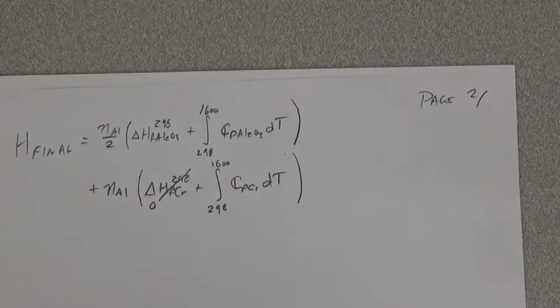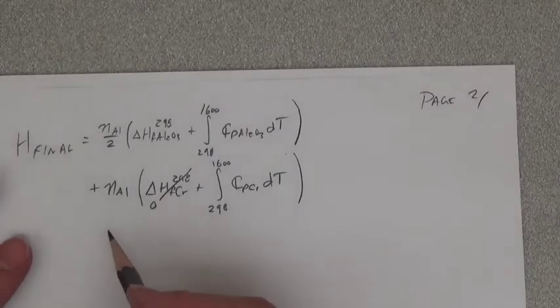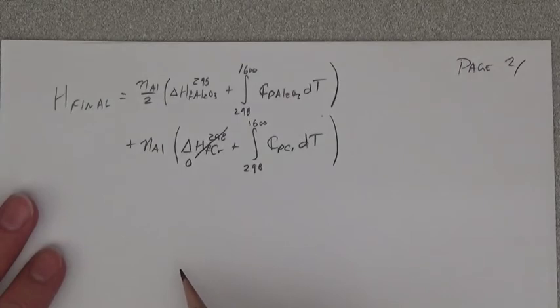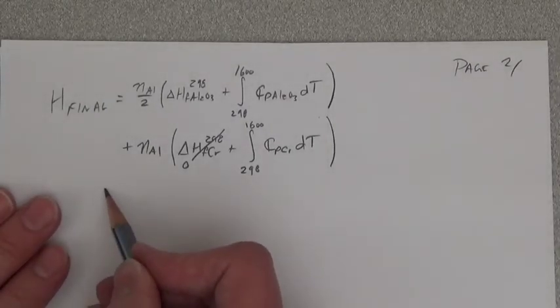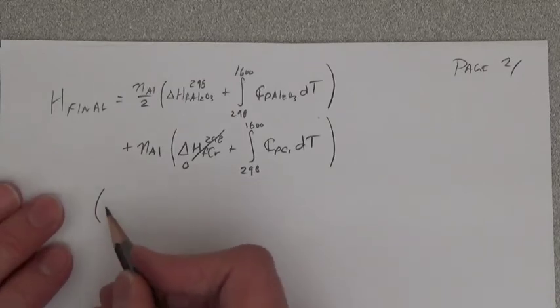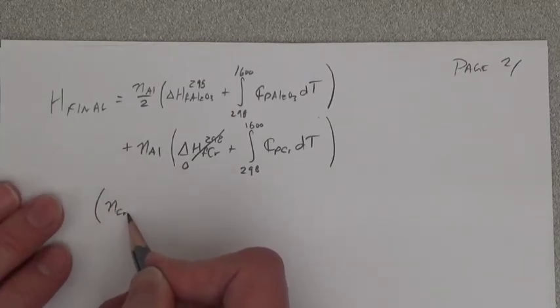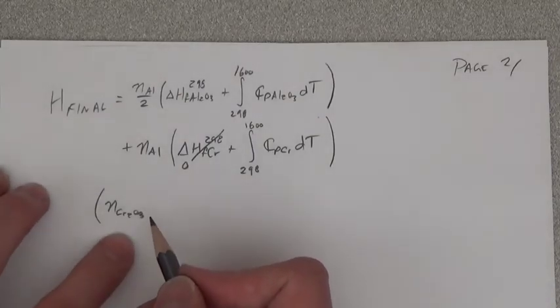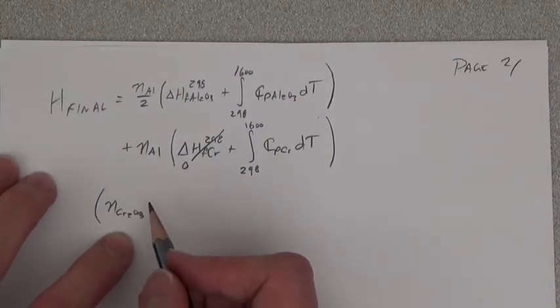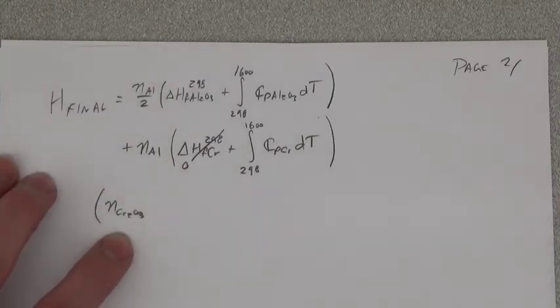And then let's put in the chromia contribution, and this is the residual excess chromia. So the residual excess chromia is going to be N_Cr2O3. That's what we're putting in, but then some of it disappears because it reacts.